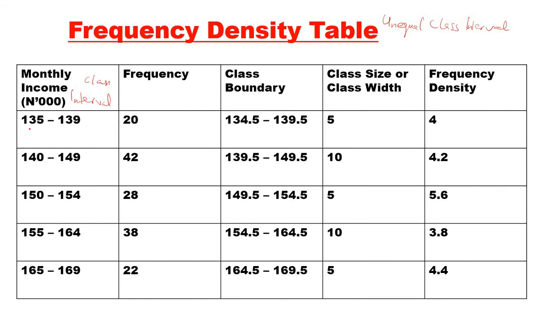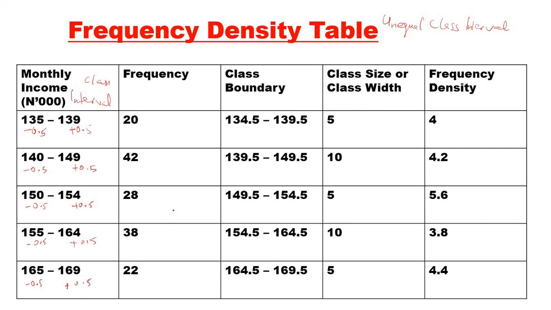You subtract 0.5 from the lower limit and add 0.5 to the upper limit. Just continue that way, and that's how you get your boundary. Subtract 0.5 from the lower limit and add 0.5 to the upper limit. Continue that way and you're done with the boundaries.